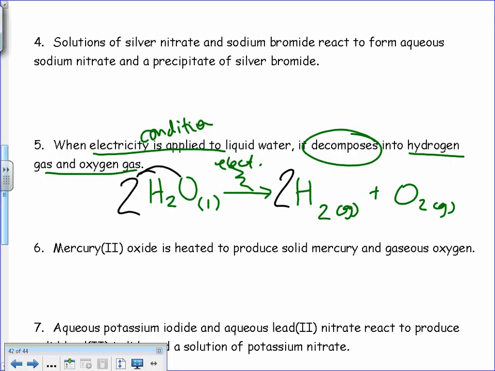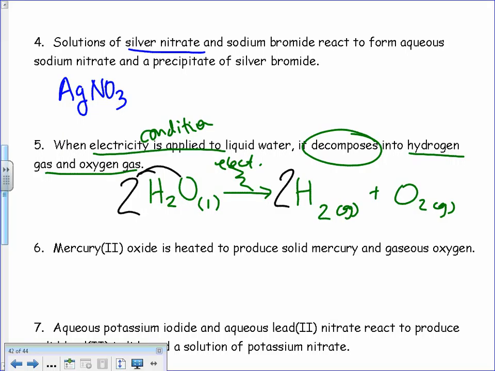Thank you, Dory. Okay, solutions of, so these are aqueous solutions, of silver nitrate. What is silver nitrate? Ag, good, NO3. What are the charges? What's silver's charge? Do you remember my stupid way?